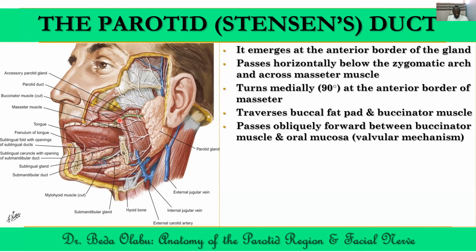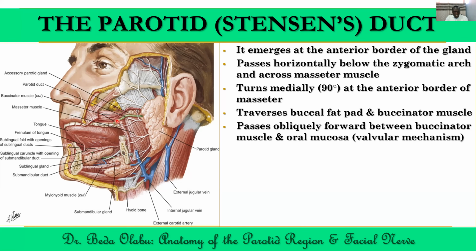It runs further anterior between the buccinator muscle and the oral mucosa. It runs obliquely anterior. And then it will pierce the oral mucosa at the level of the crown of the second maxillary molar. That means that there's some length of the duct between the buccinator muscle and the oral mucosa somewhere there.